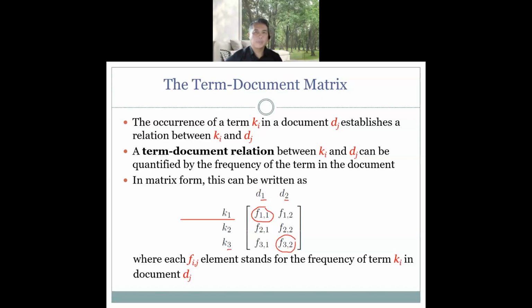So this is the term document matrix that displays the occurrence of term K_i in a document J. We will use this to represent the document, and at the same time we know which keyword exists in the document and how many times they exist.